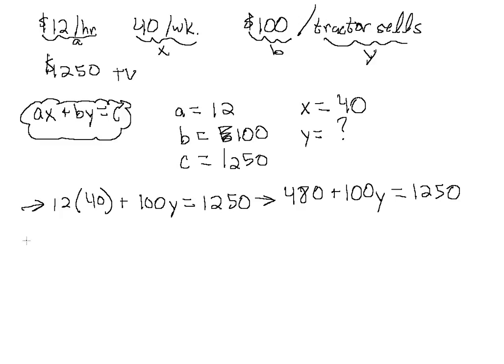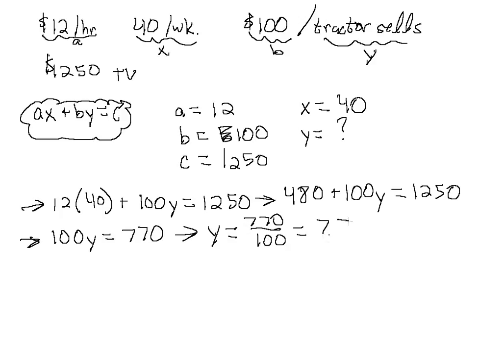Let's move 480 to the other side by subtracting 480 from both sides, which leaves 100Y on the left, and on the right side we have 770. Divide both sides by 100, which will cancel this term, so we have Y equals 770 divided by 100, or 7.7.